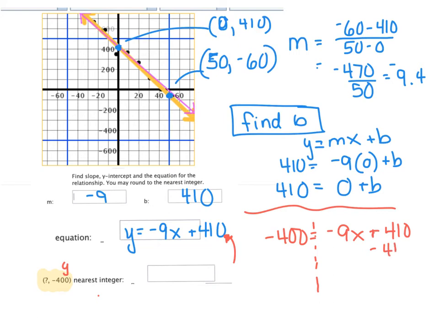I subtract 410 from each side, which gives me negative 810 equals negative 9x, and I finish by dividing each side by negative 9, which gives me x equals positive 90.